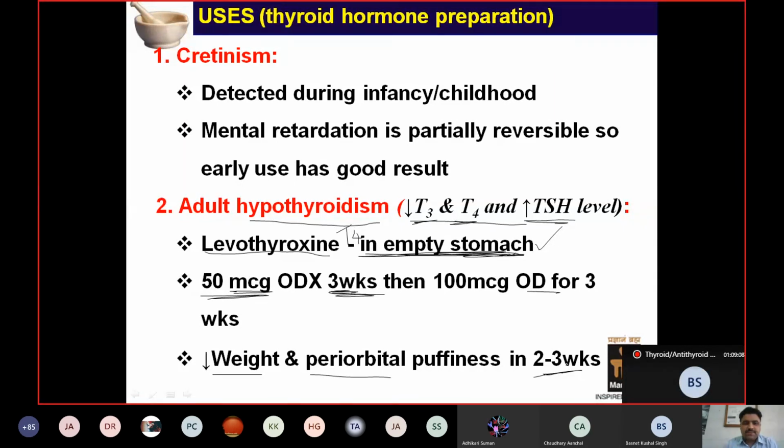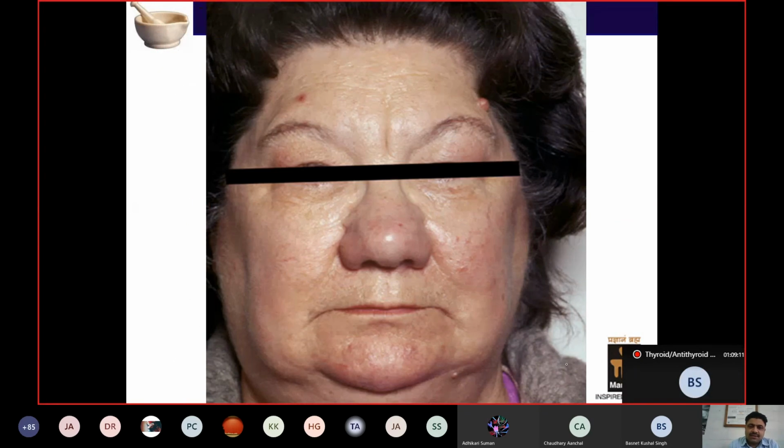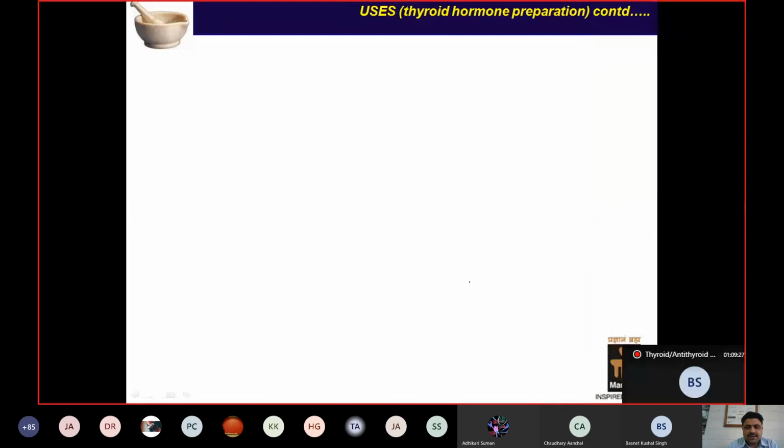So, adult hypothyroidism. This diagram shows the puffiness all over the eyes, and a pale looking face due to anemia. This is a feature of hypothyroidism.